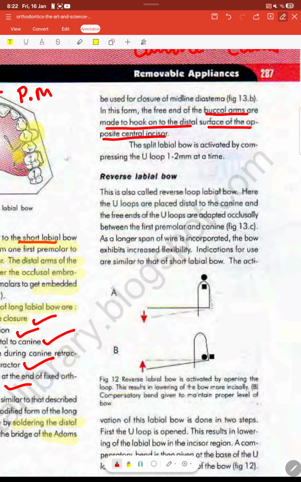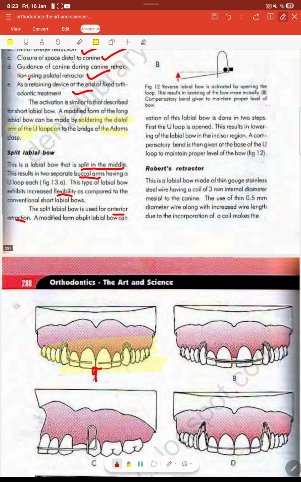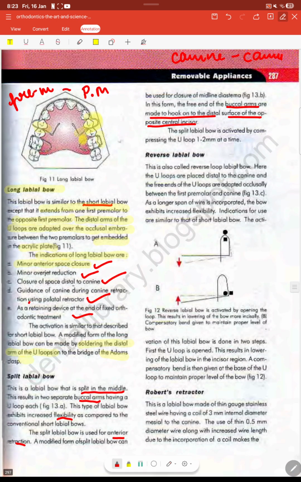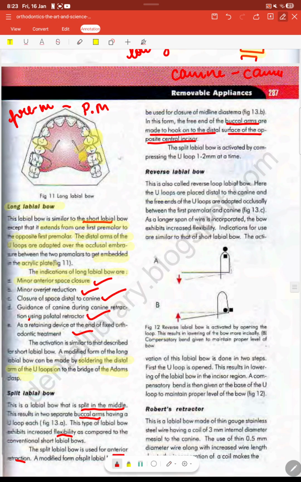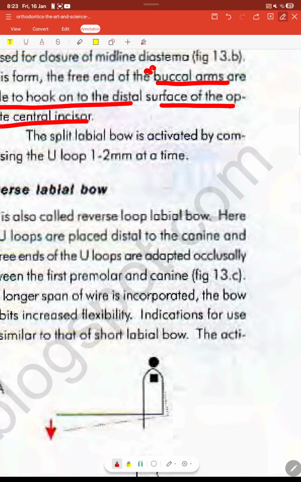The split labial bow is activated by pressing the U loops 1 to 2 mm at a time. That is the main function, or the working principle.